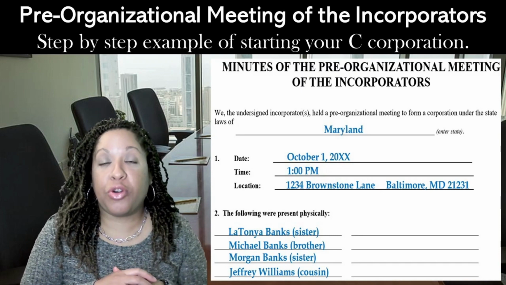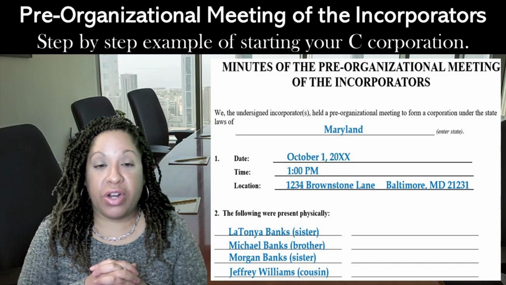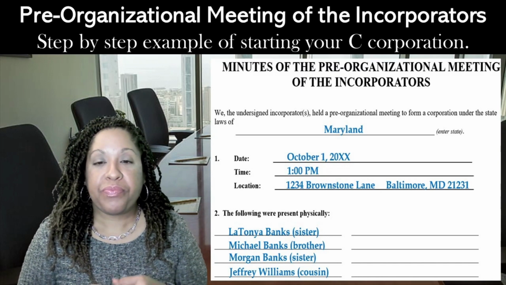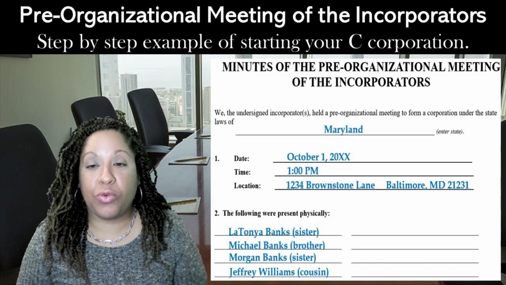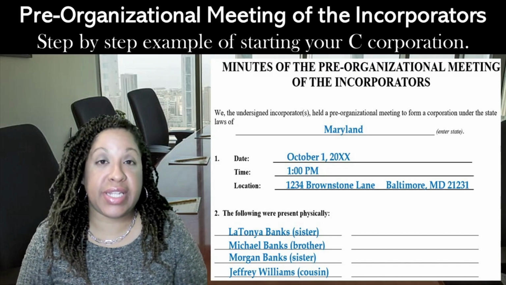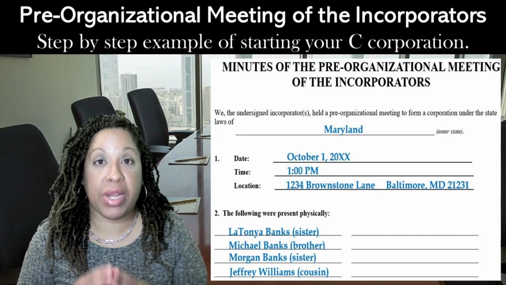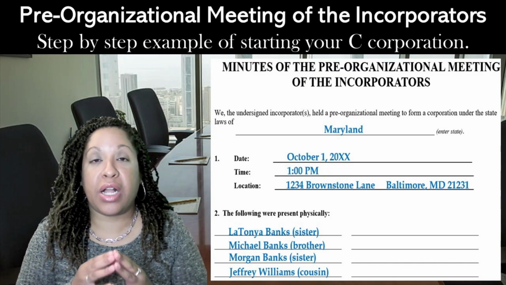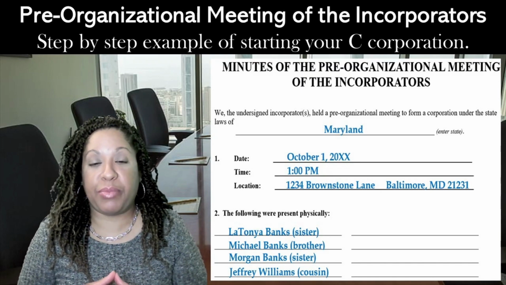All right, so to formally put this together, we're going to kick it off like this. We, the undersigned incorporators, held a pre-organizational meeting to form a corporation held under the state law of Maryland. Again, remember, the principal location for this commercial cleaning business will be in the state of Maryland.